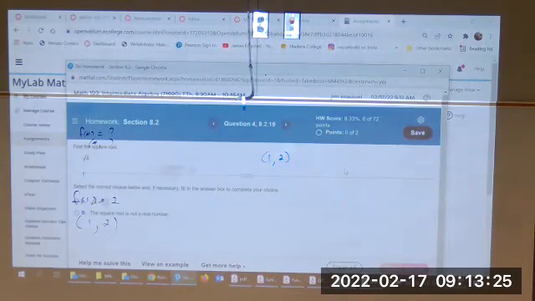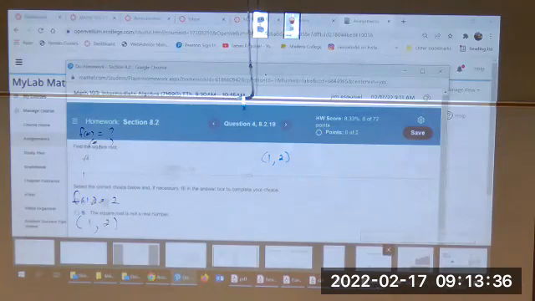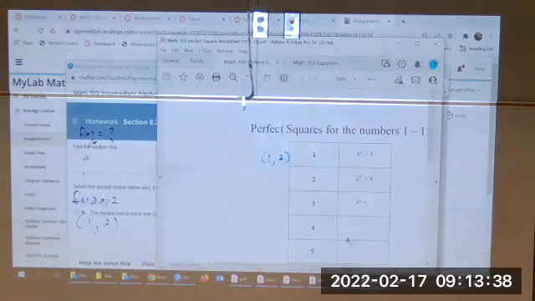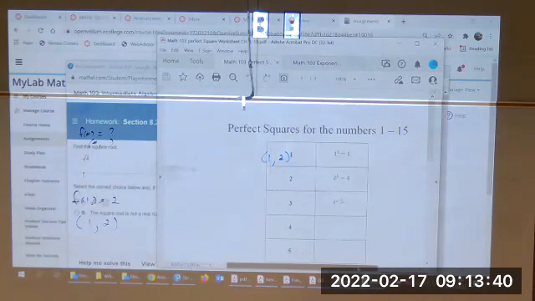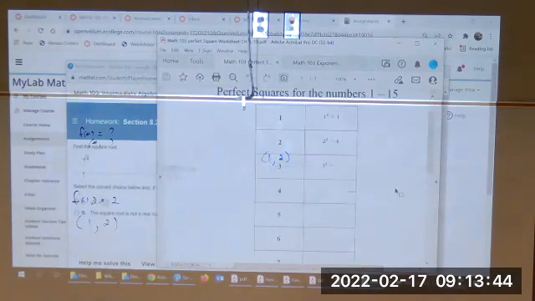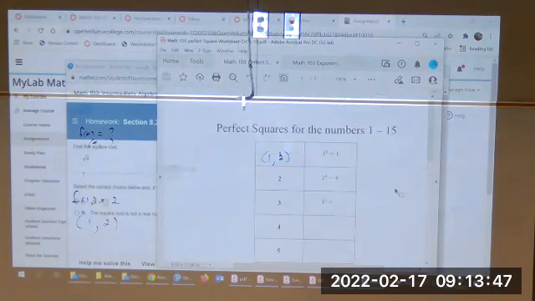Let me show you what I was going to give you. Perfect squares for the numbers 1 through 15.